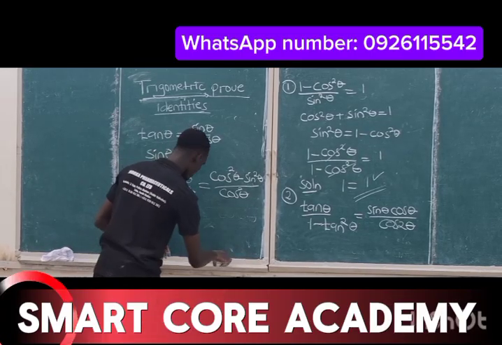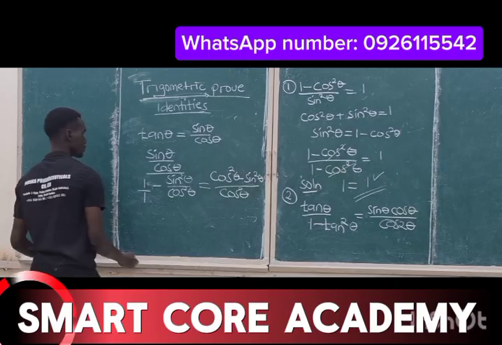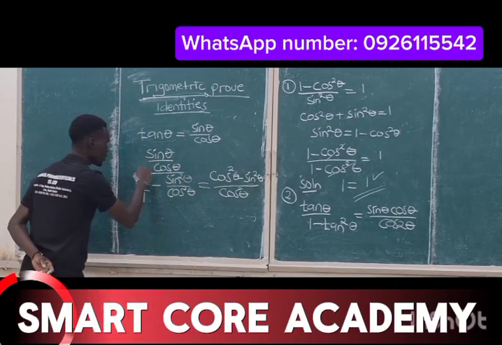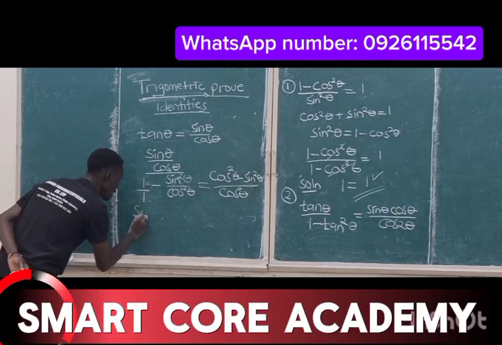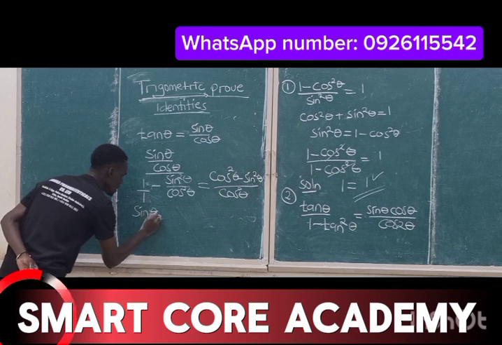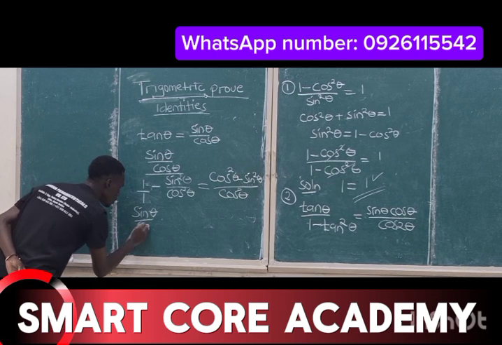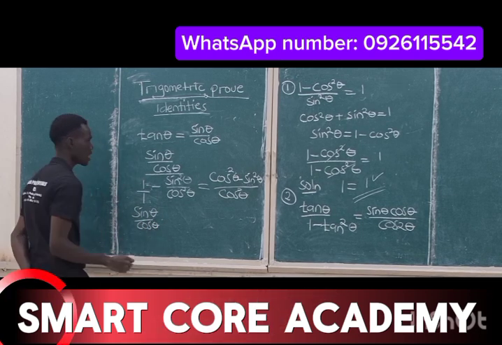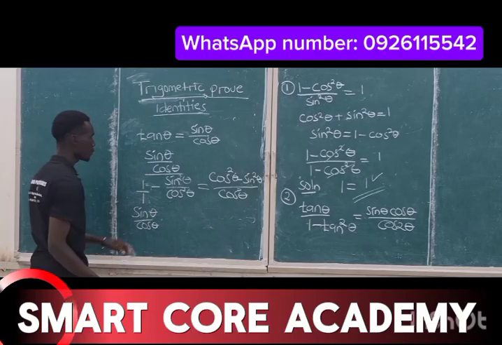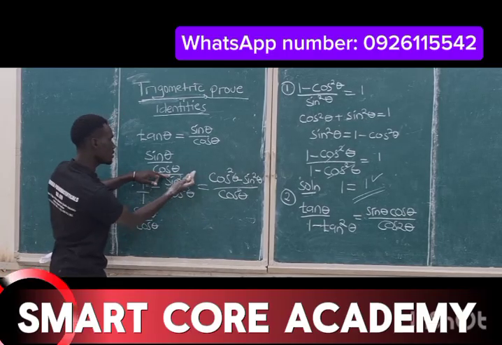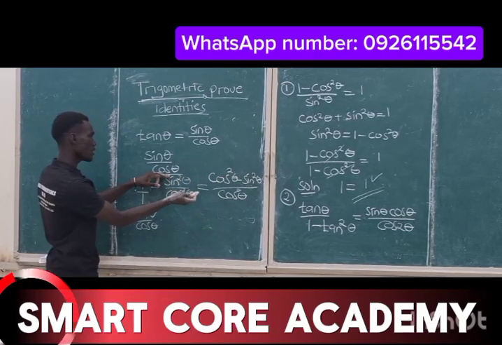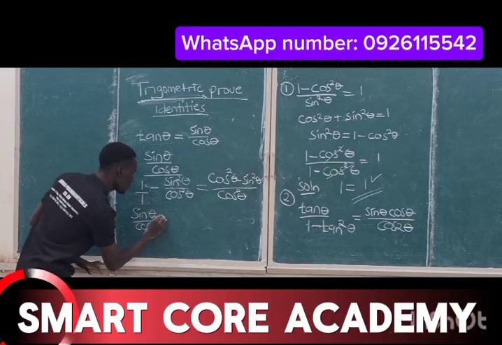So we're still with the upper part. It says that this one is still sine theta all over cos theta, the whole of this one, divided by this one. But when it is dividing, we can still put it in this form.